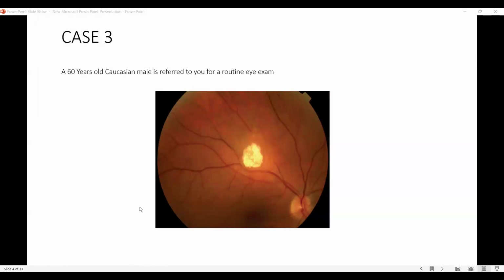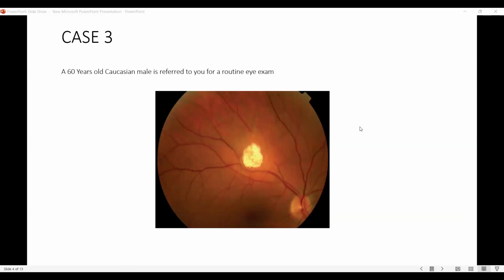This is a fundus photograph of the right eye. The media appears to be clear, and the disc also appears clear. Along the superotemporal arcade, a whitish yellow lesion is seen, around 1.5 disc diameters, almost 1 disc diameter in vertical extent, with a surrounding halo.